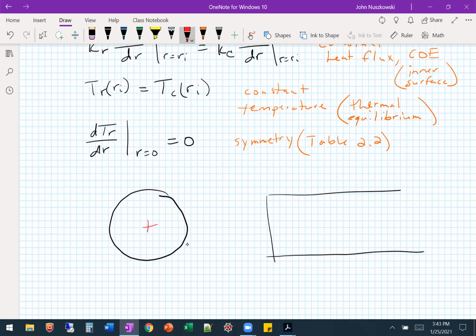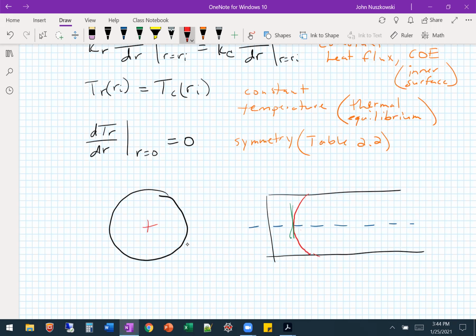Let's say this is our center point. If we look at it in the radial direction, it's going to have a slope that's 0 at the center because everything's surrounding it from all sides. So you're going to end up with this slope at the center point here.